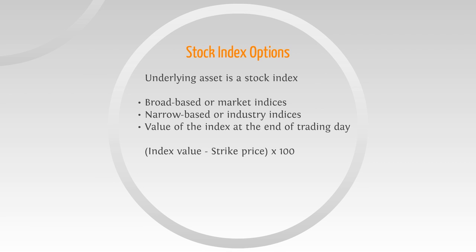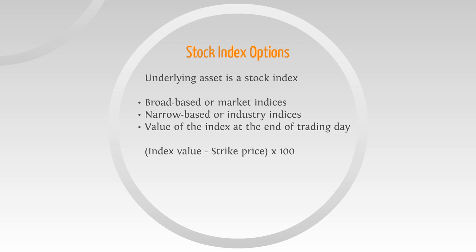We also have stock index options. So instead of a specific security, the underlying of the option can be an index such as the NASDAQ 100, the S&P 500 are pretty typical, or more focused indexes on a certain industry, which we may be looking to hedge against. And these are valued at the end of the trading day to determine the option valuation.